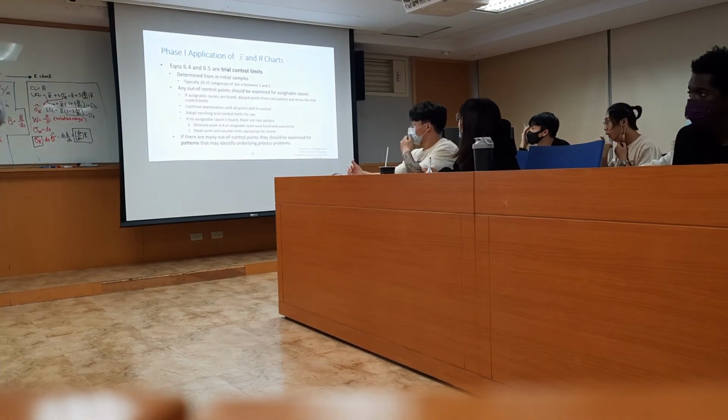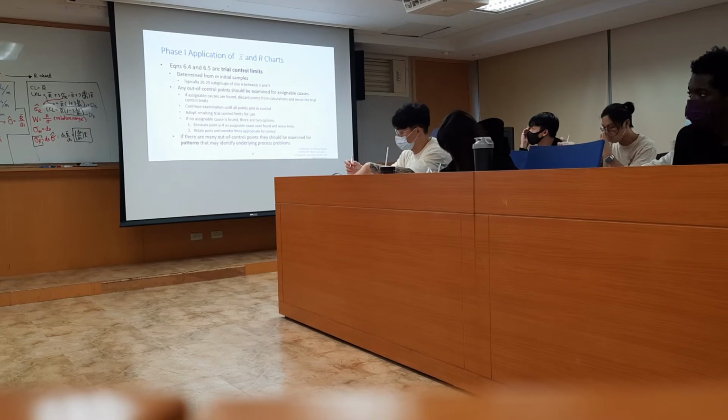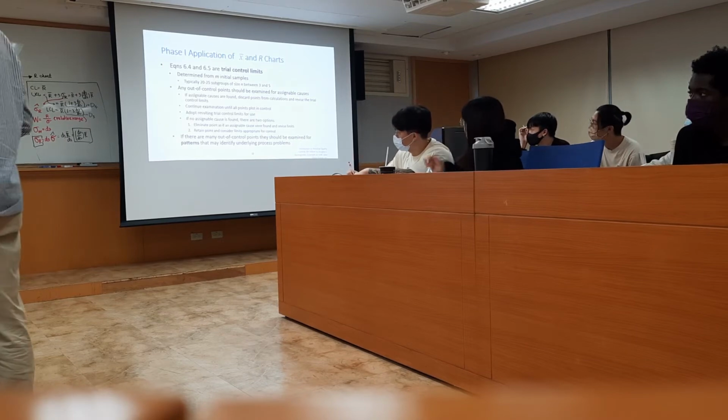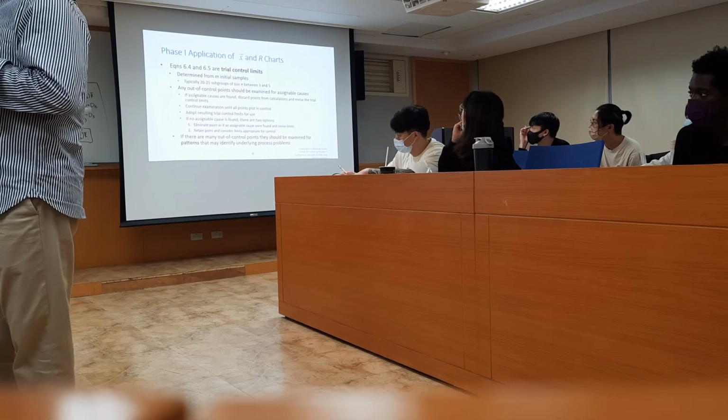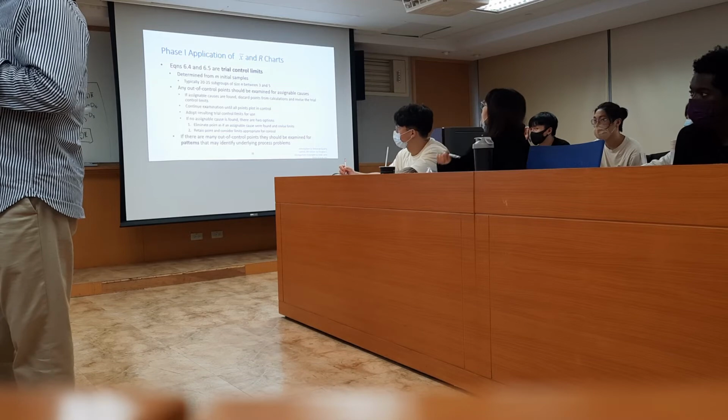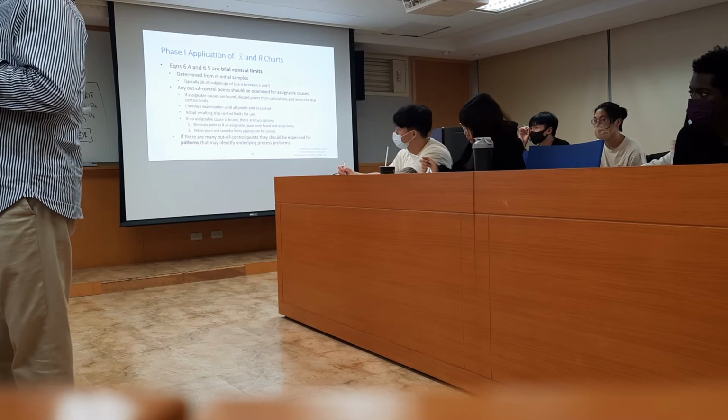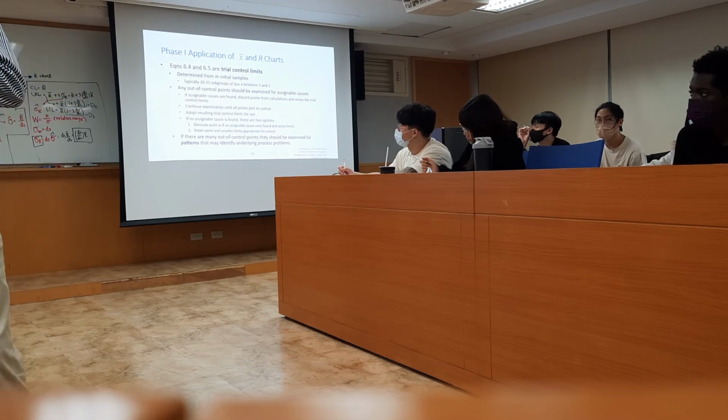So any out of control points will be examined for assignable causes. Can you explain what assignable causes are? I mentioned it over 10 times in class. What is the meaning of assignable cause?